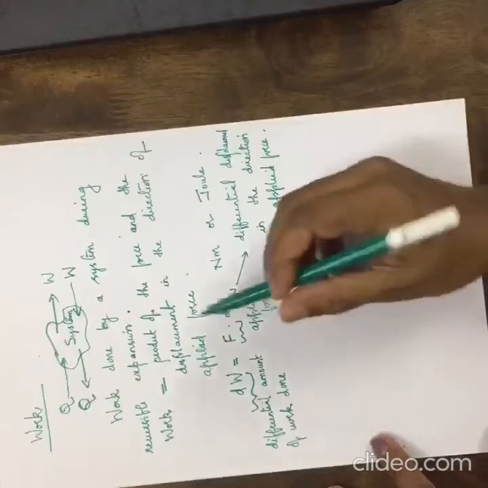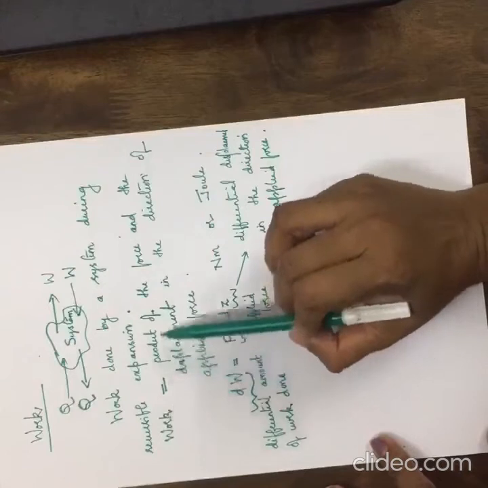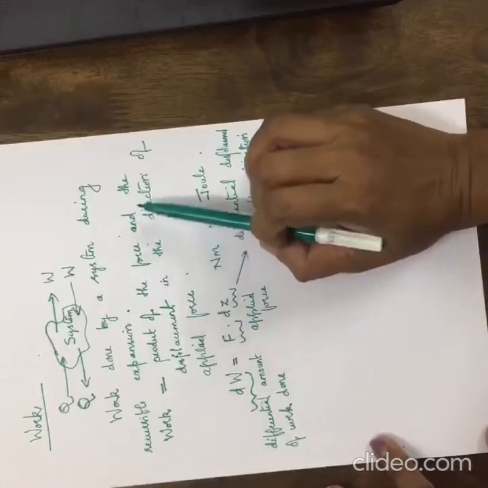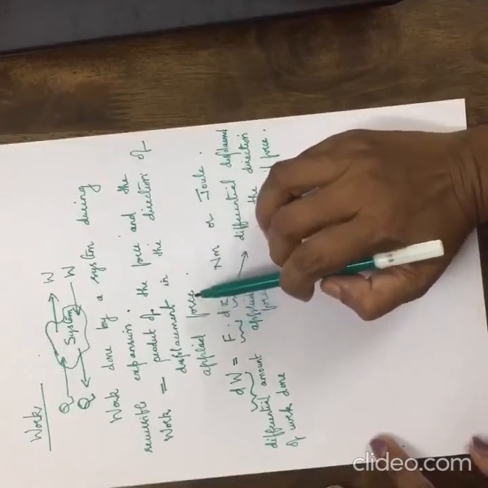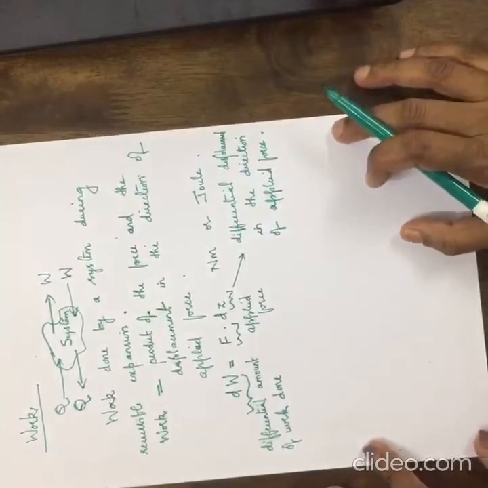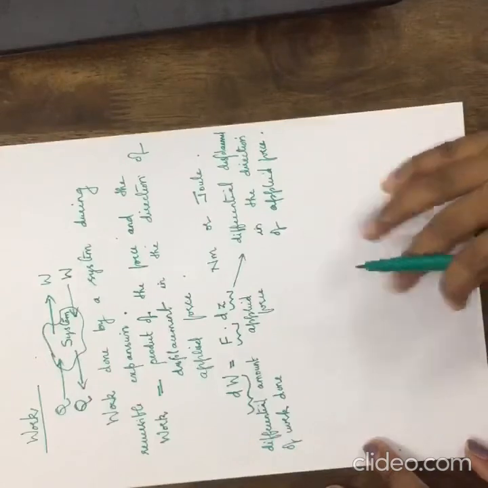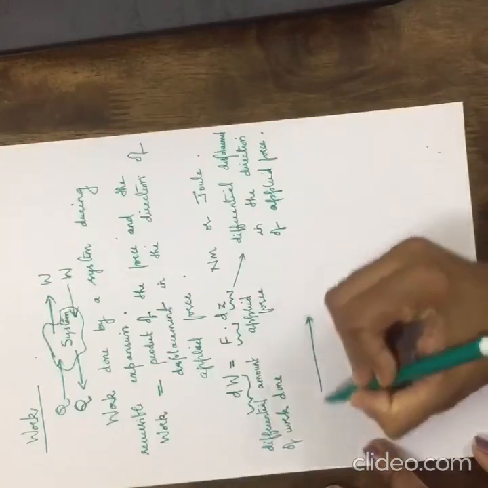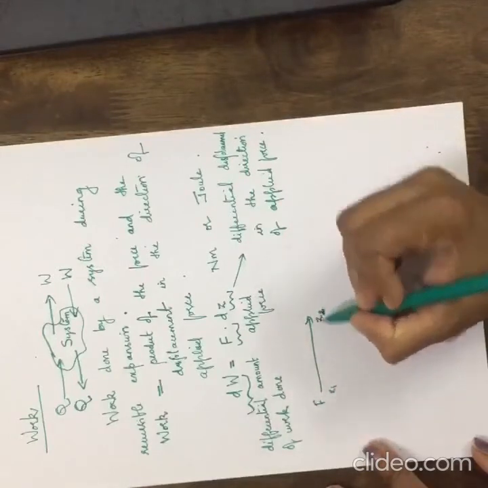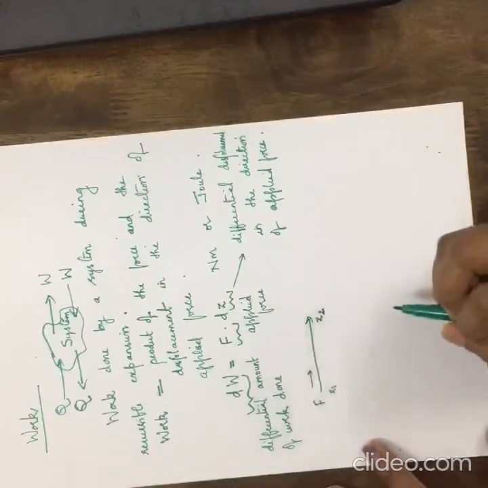So work done can be defined as the product of force and the displacement in the direction of applied force, or as the energy expended in the form of work when the force acts through a distance.